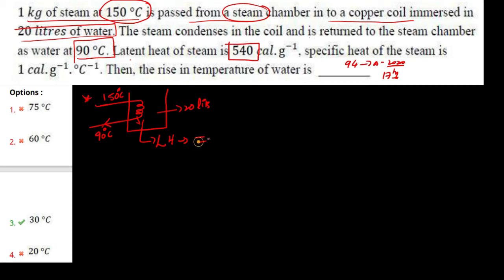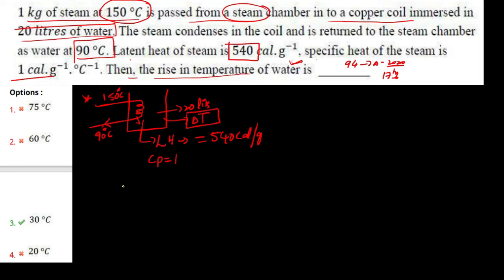Now the specific heat of the steam is also given, that is 1 calorie, that is Cp is equal to 1. Then the rise in temperature of water is what we have to find, that is delta T. Hope the question is clear now.